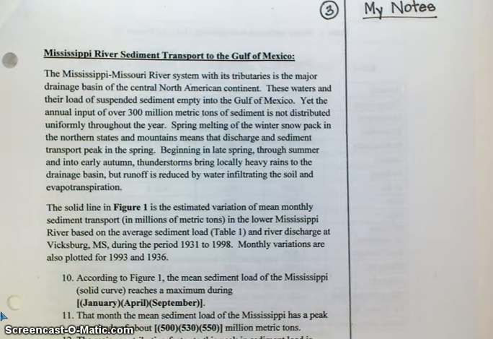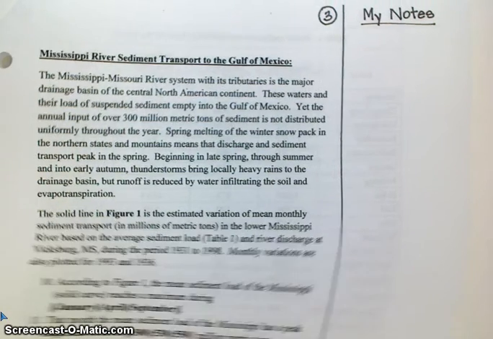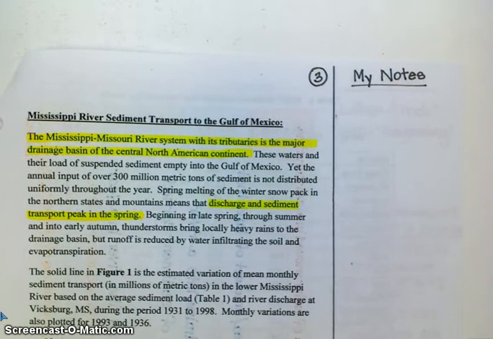All right, we are going to look at Figure 1 in just a second in order to answer the last 6 questions. Real quickly, there is some highlighting that I would like for you to do in the first paragraph.